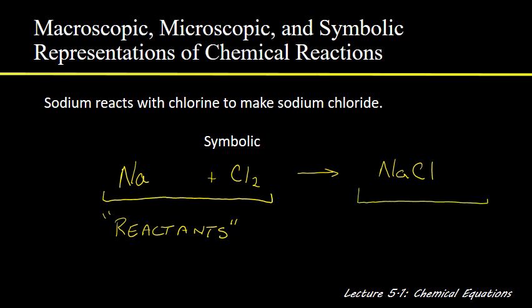The things that are being produced, in this case it's just one, but it could be multiple things, are called the products of the chemical reaction. So we write our chemical equations with the reactants on the left, the products on the right, and this arrow in the middle means basically that the reactants are being converted into the products.